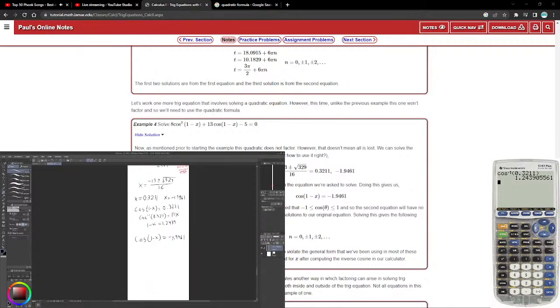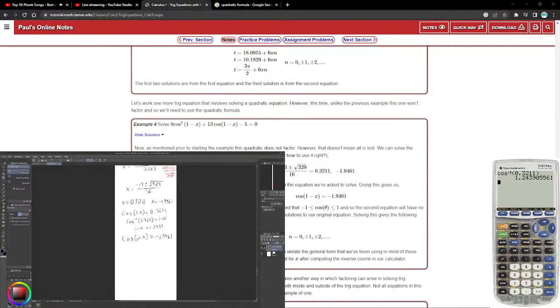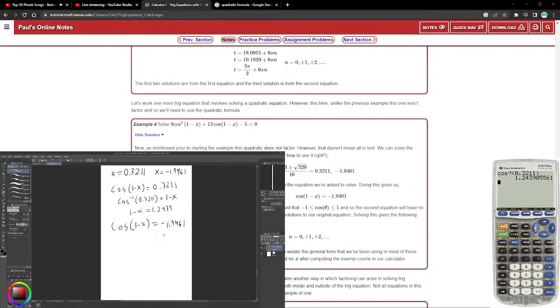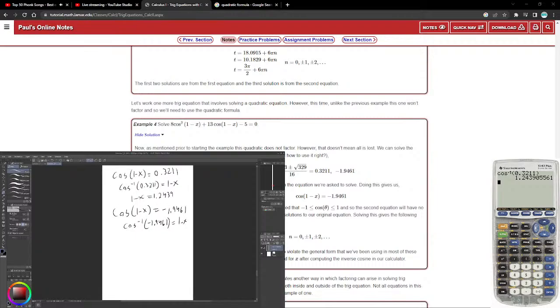And I'm going to keep it like that for now, before I find the other solution. Not just this one, but the whole other. Inverse cos of negative 1.9461 equals 1 minus x.